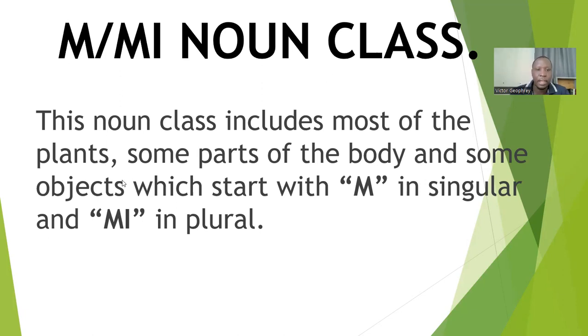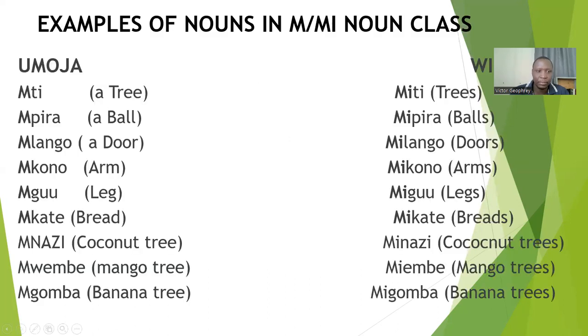You find that the noun starts with the prefix M in the singular, and the plural starts with the prefix Mi. And it can be like this: you can find some nouns that have no prefix in the singular but have a prefix in the plural, and others have a prefix in the singular but no prefix in the plural. We're going to see all these nouns.